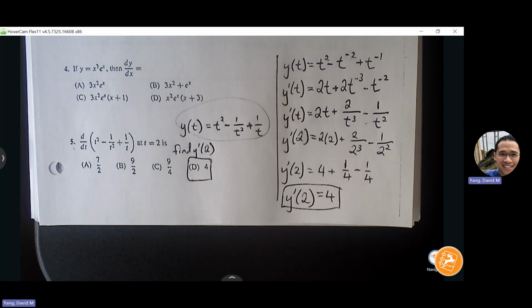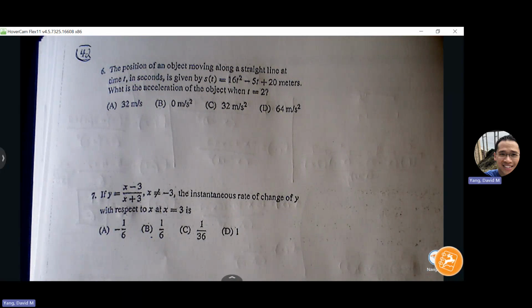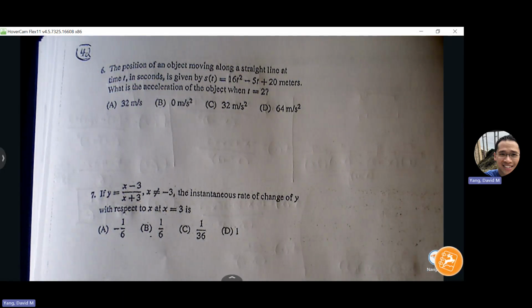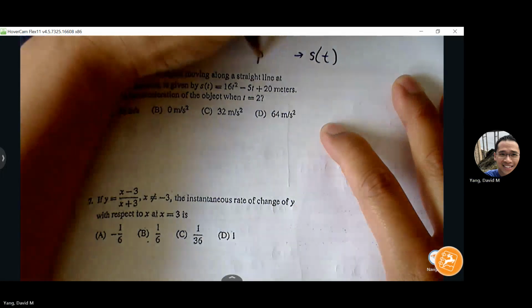Okay, number 6 on the back. This is a particle motion problem here. It says the position of an object moving along a straight line is given by S of t. What is the acceleration of the object when t equals 2? So S of t is position.